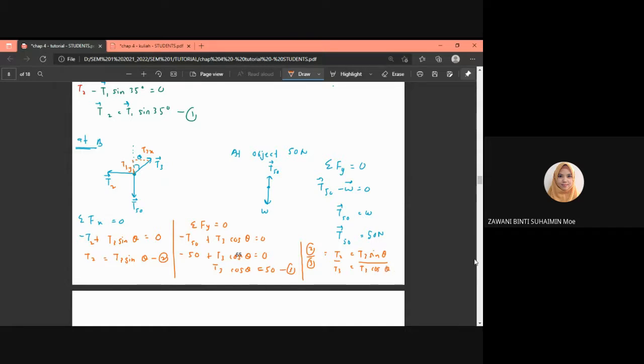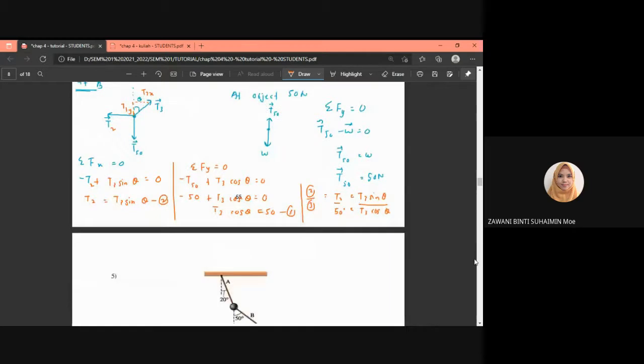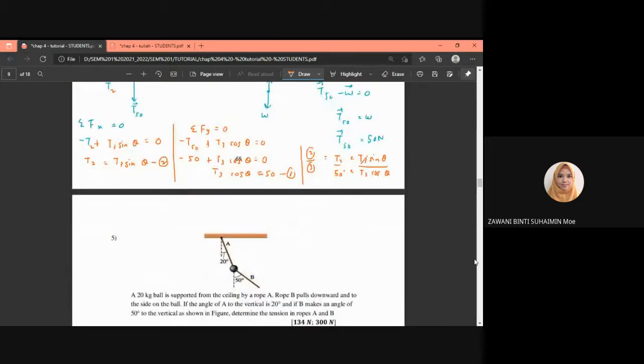Oh sorry, this is 50. Alright, so from here, T3 cancels to 1. Sin divided by cos gives tan. So it will be T2 divided by 50 is equal to tan theta.